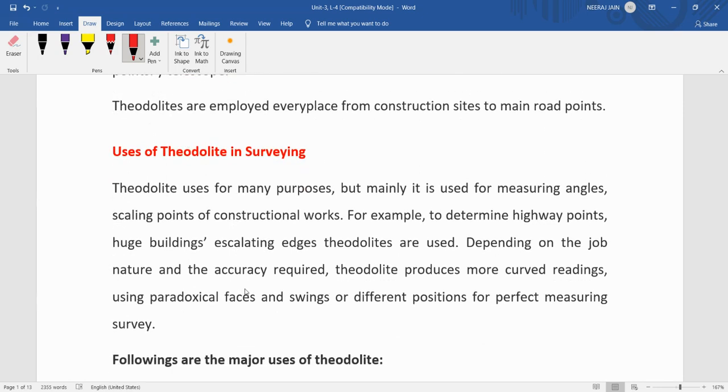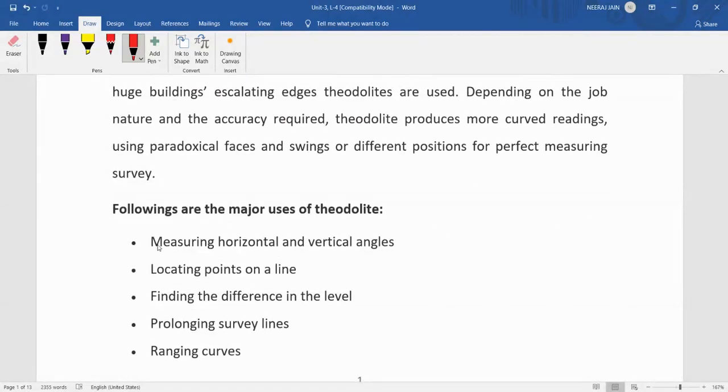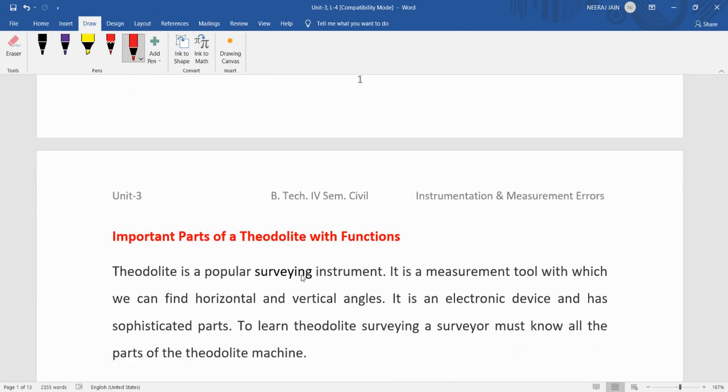There are the following major uses: measuring horizontal and vertical angles, locating a point on a line, finding the difference in level on survey lines, and drawing ranging curves. There are several uses of theodolites.